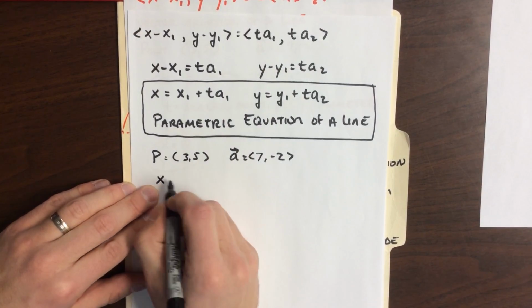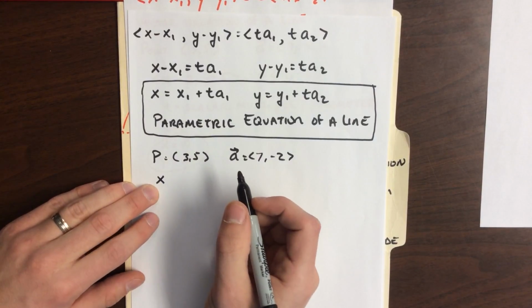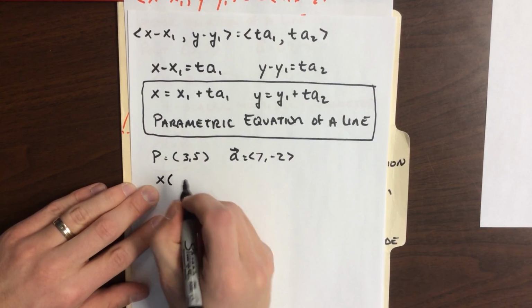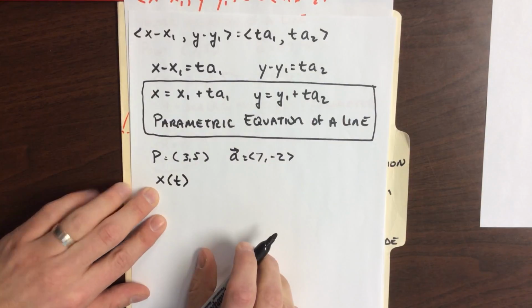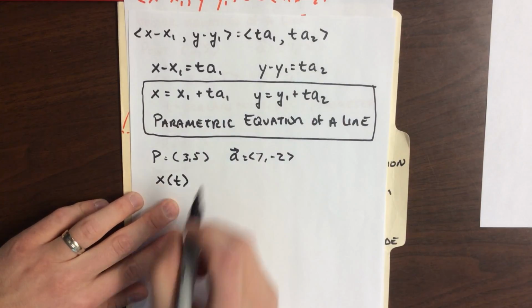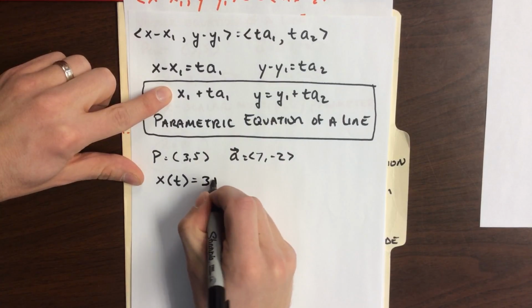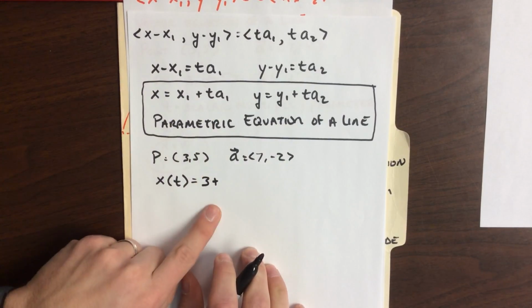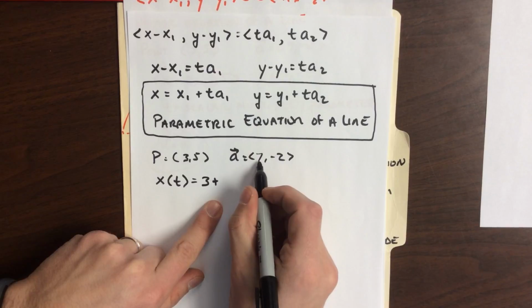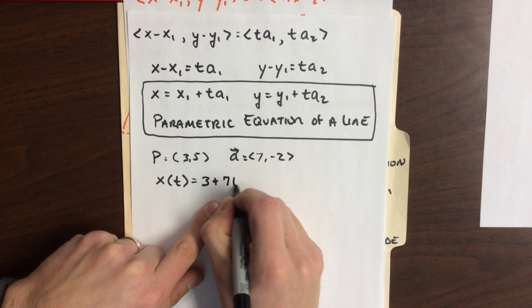I'm going to use function notation here. x of t, meaning that x depends upon t, is x1, 3, plus t, my independent variable, times a1, 7t.